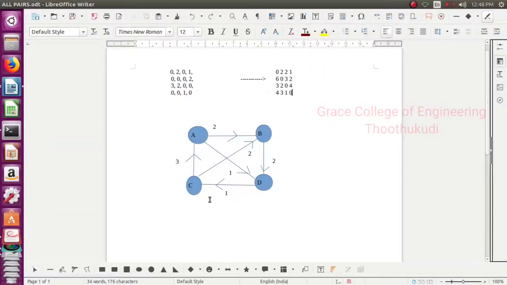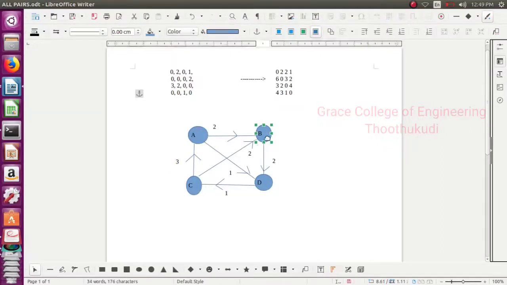We can move to C by using A to B, B to D, D to C. Otherwise we can move from A to D, then D to C. The first path has distance 5, the second one has distance 2. So the shortest distance is 2. The next one, A to D: the direct path is the lowest compared to others, so take 1 as the shortest distance.